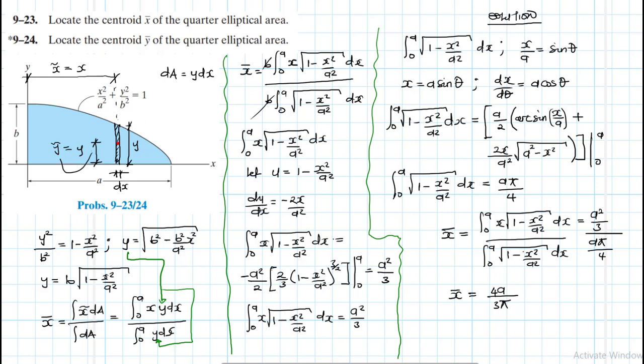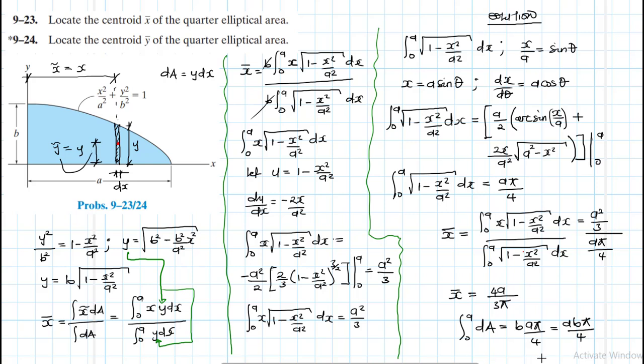Mind you, don't forget that the value of the total area, the integral from 0 to a of dA, is equal to, like I say, don't forget the b that we cancelled out, b times a pi over 4, which is equal to ab pi over 4.